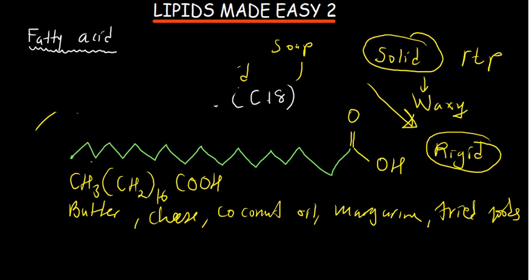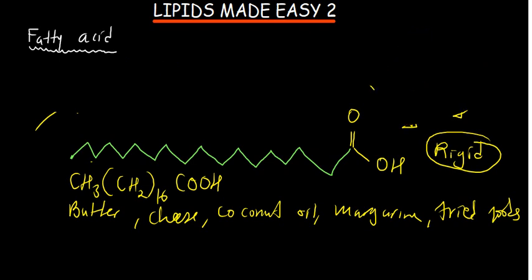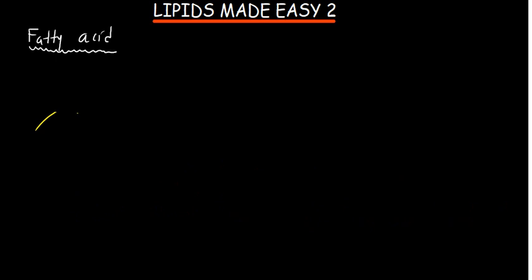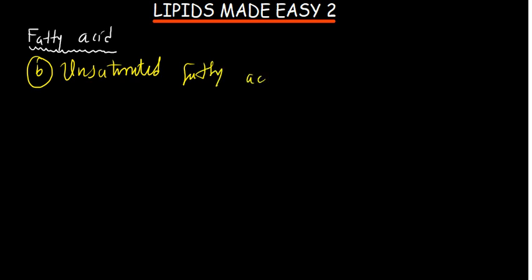Okay, another example of a fatty acid, another type. We talked of saturated, we also have the unsaturated fatty acid. Since you can hear the word unsaturated, that should tell you that there is a presence of at least one double bond.